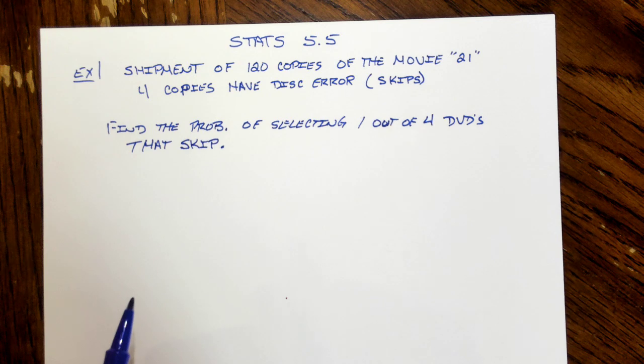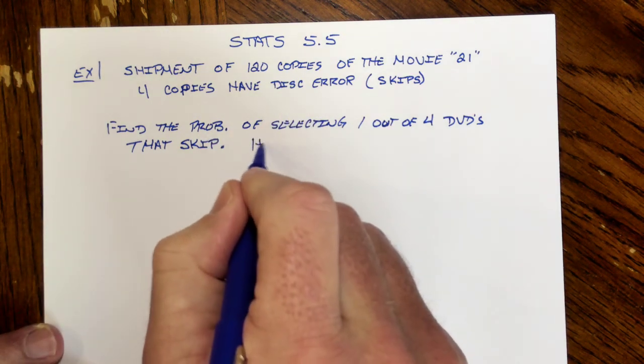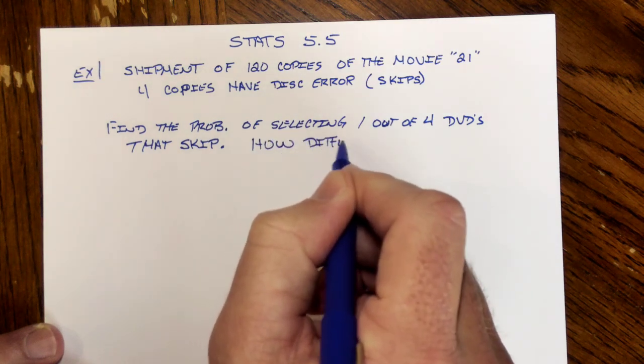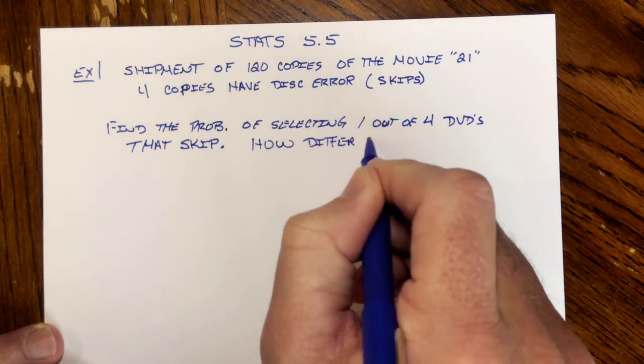Okay. So we want 1 out of 4. How does this differ from the other examples?